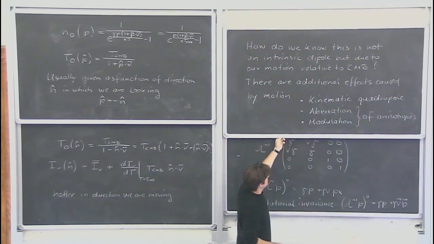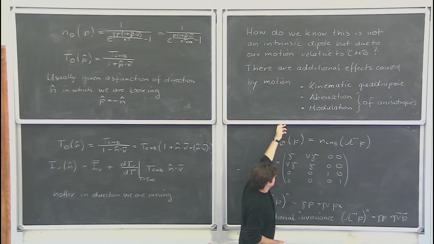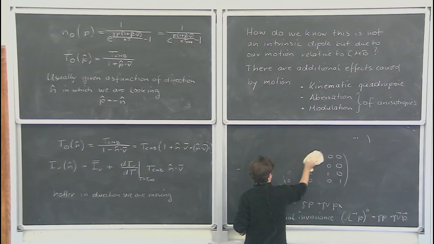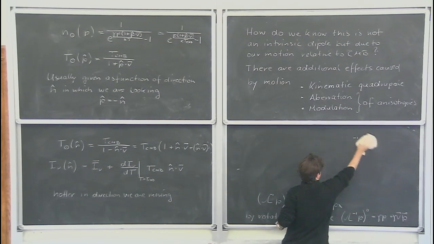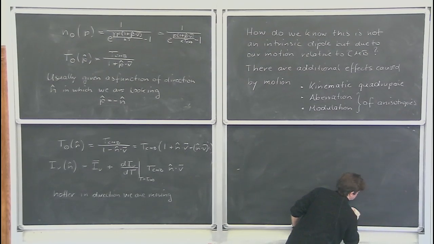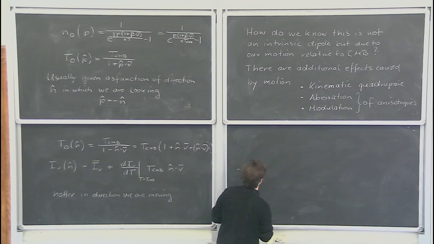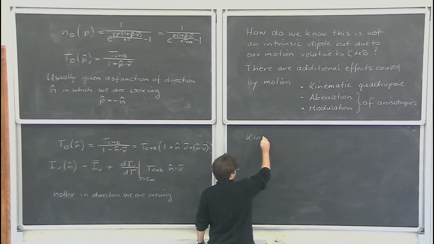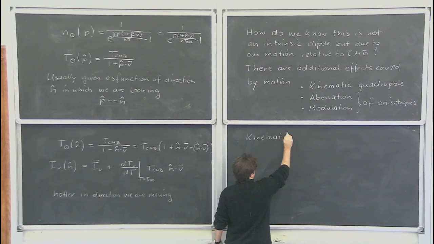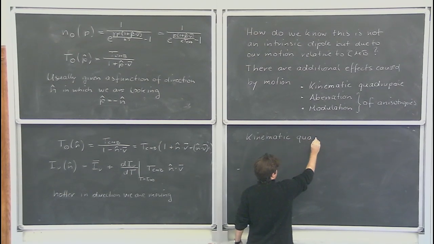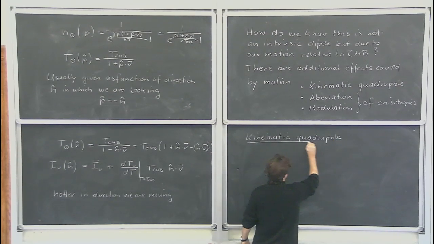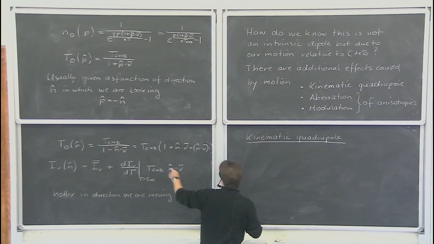And so let's look at how these things work. So the first one is the kinematic quadrupole. And so here, remember, the temperature is still there.